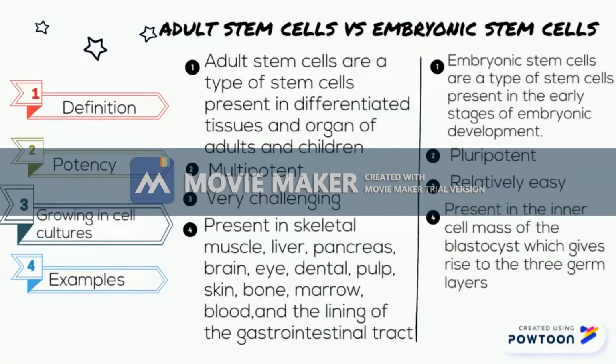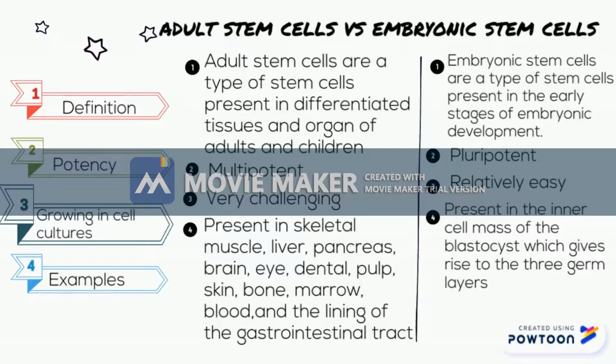Definition: adult stem cells are a type of stem cell present in different tissues and organs of adults and children. Embryonic stem cells are a type of stem cell present in the early stage of embryonic development.